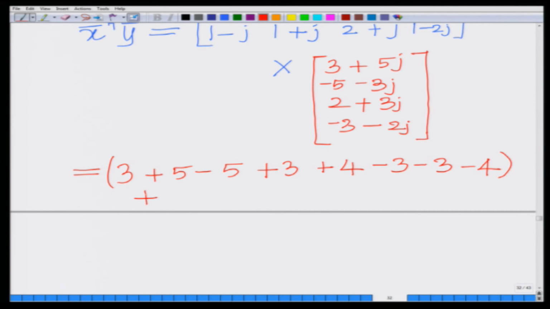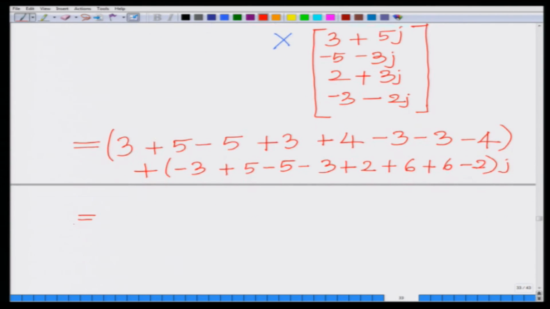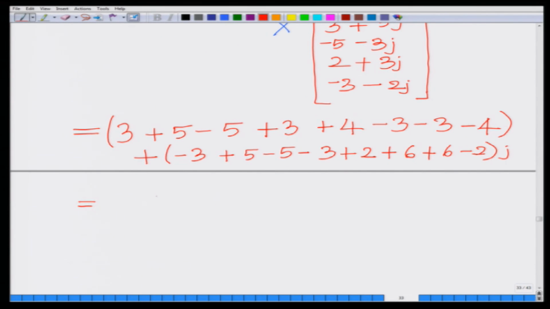This is the real part, plus the imaginary part, which is minus 3 plus 5 minus 5 minus 3 plus 2 plus 6 minus 2 times j. You can check this through computation of x bar Hermitian y, and therefore, this is equal to 0, real part 0 plus imaginary part 6 j.